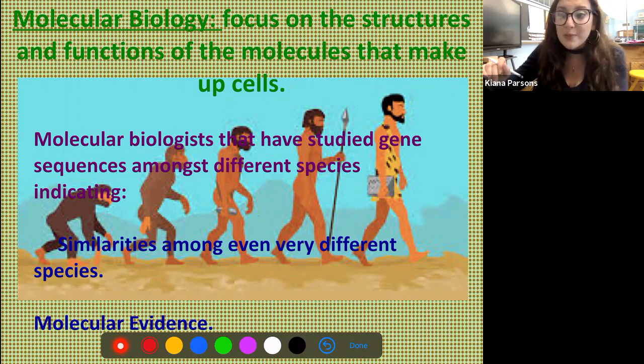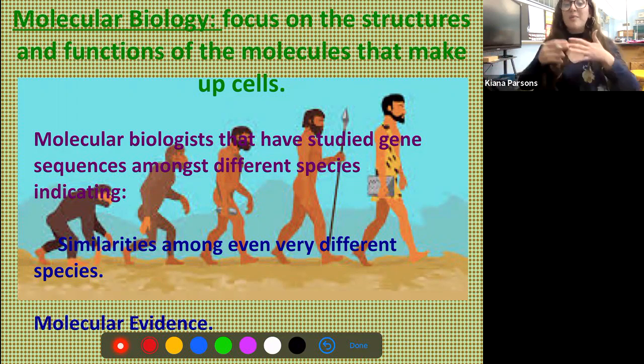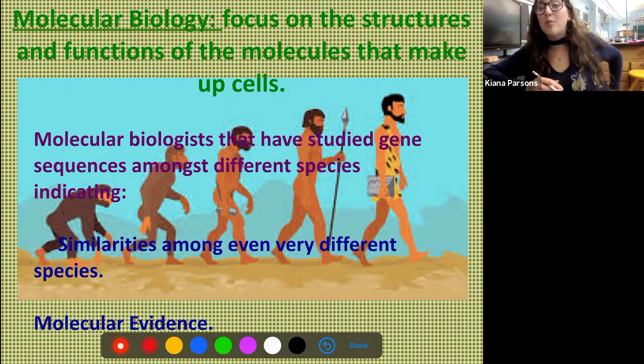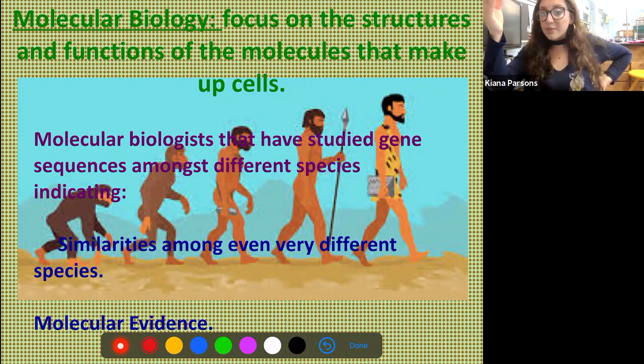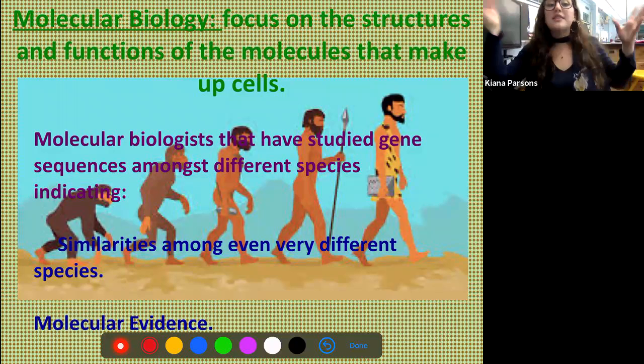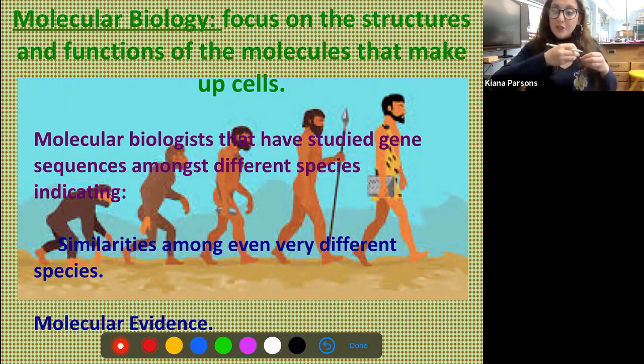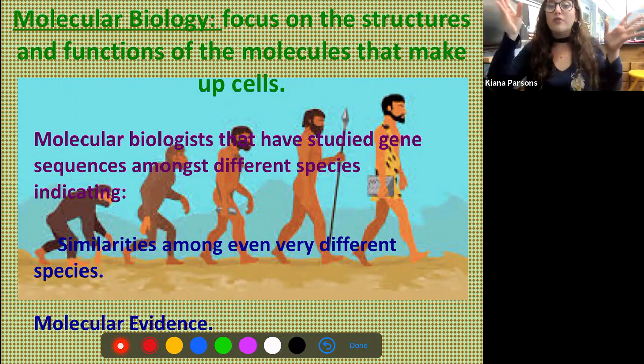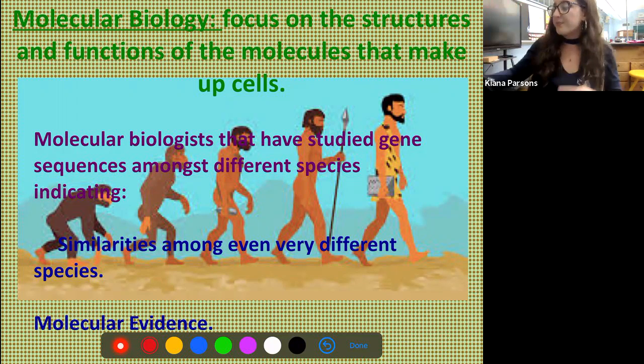An example of this would be the mitochondria, where we have processes like cellular respiration and photosynthesis that occur in many different species, and they occur the same way, which indicates that those processes didn't arise separately. Rather, those processes emerged, and then these organisms split off from a common ancestor.